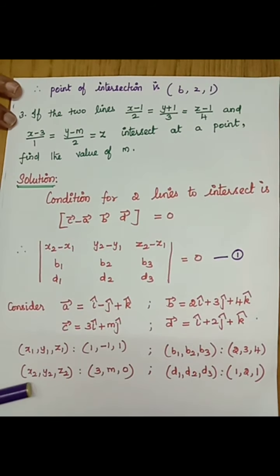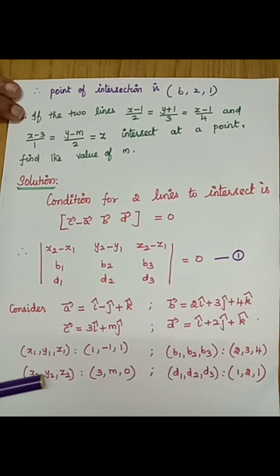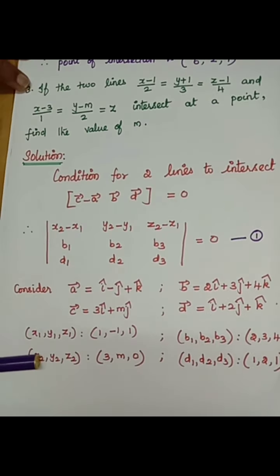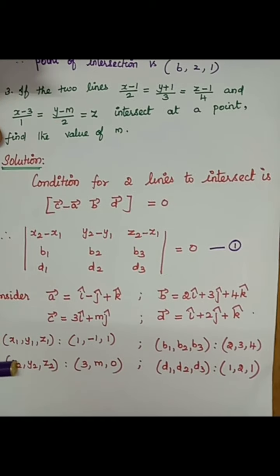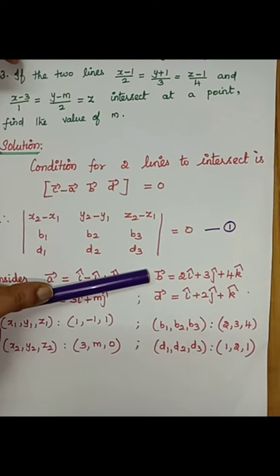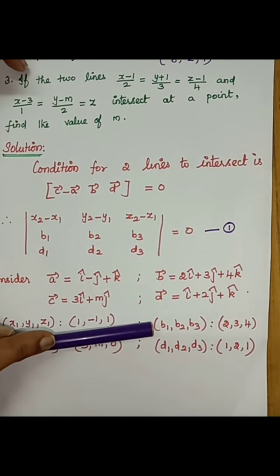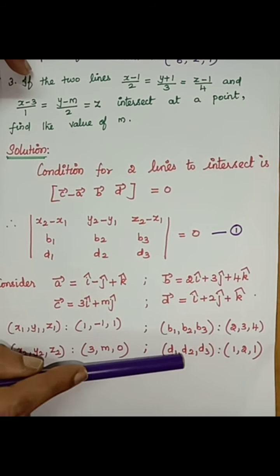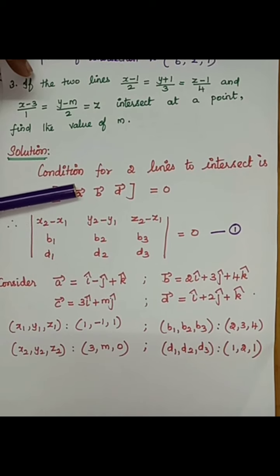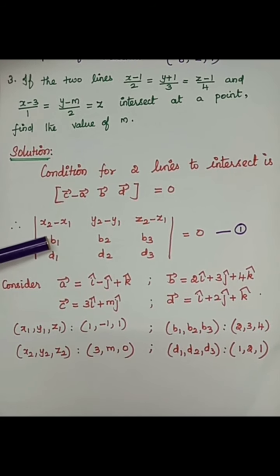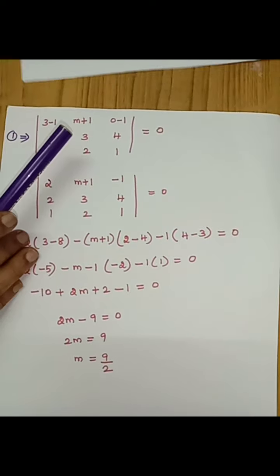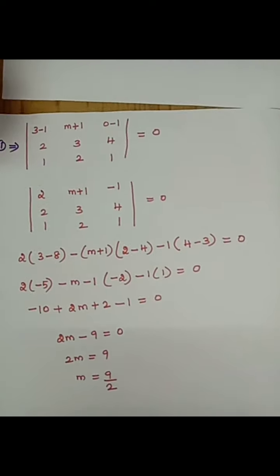Okay, and you can write c vector as x2, y2, z2. This is the passing point. A vector and c vector are the position vectors of the passing points. Okay, b vector in the Cartesian form we can write b1, b2, b3, and the d vector d1, d2, d3. Either you can use this or you can use this format. So first we have to substitute x2 minus x1.